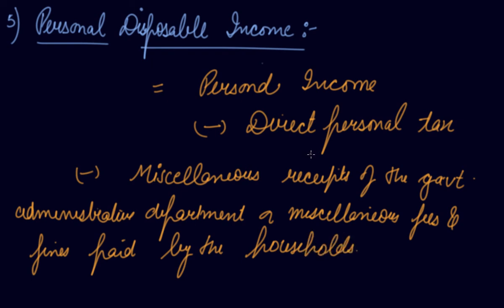See, whatever you pay to the government in the form of taxes or in the form of fees and fines, that is deducted from your personal income, so you get the personal disposable income.